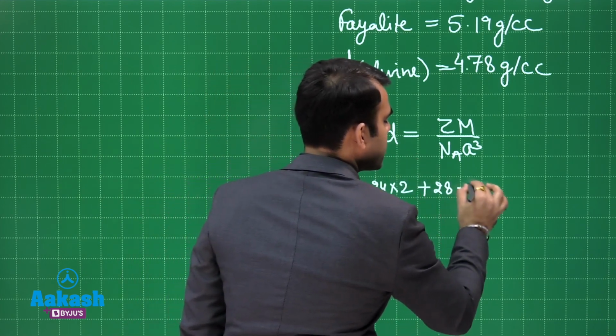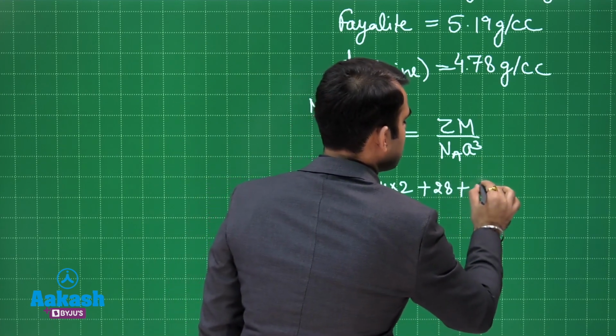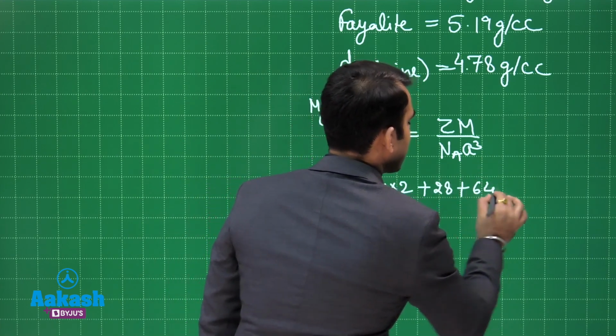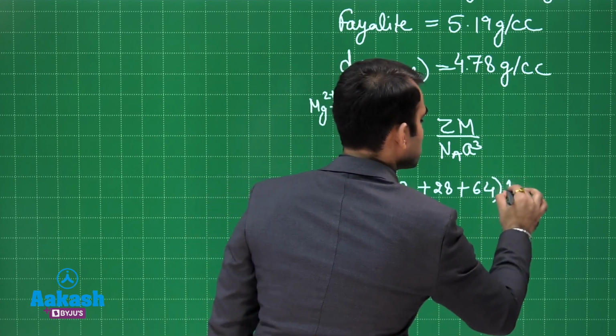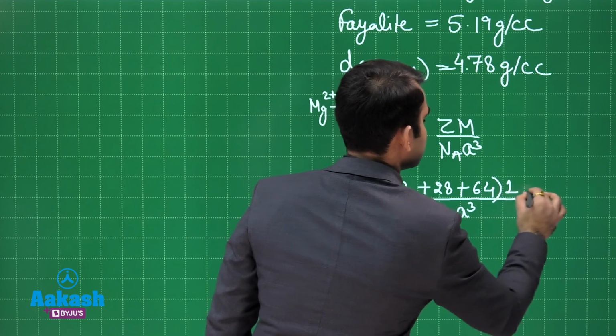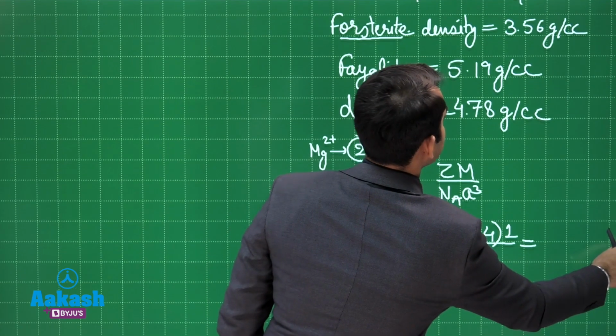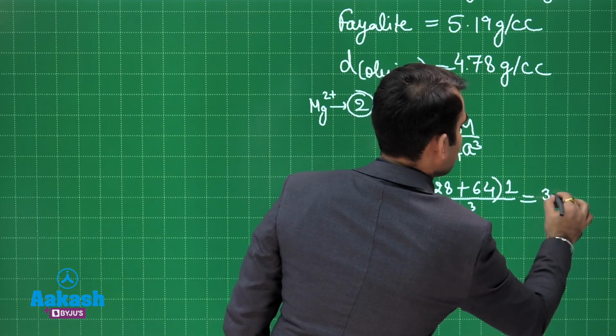That is 28, plus the mass of oxide ion is 16, and we have 4 oxide ions. It becomes 64 in number into Z divided by Na A cube, and this comes out as 3.56.